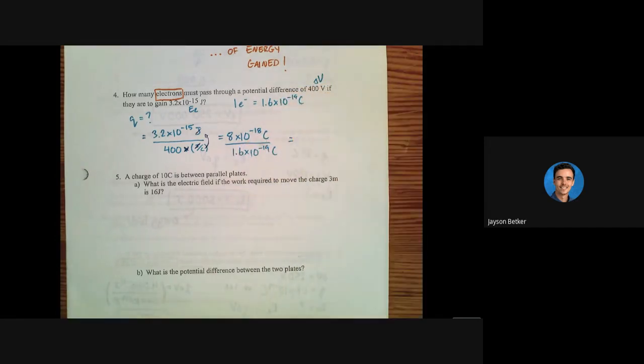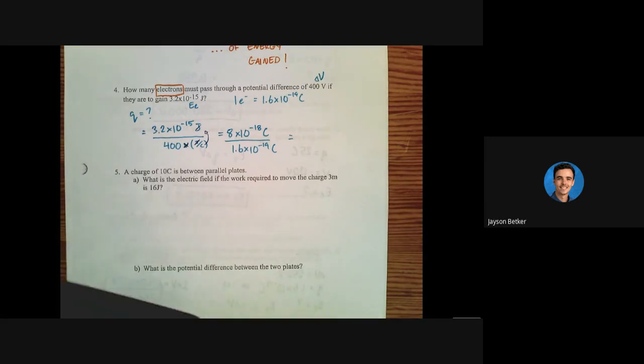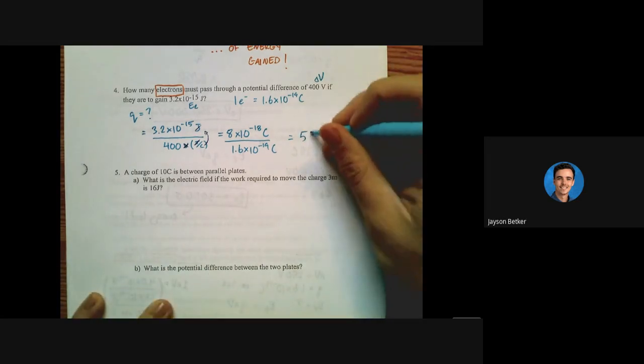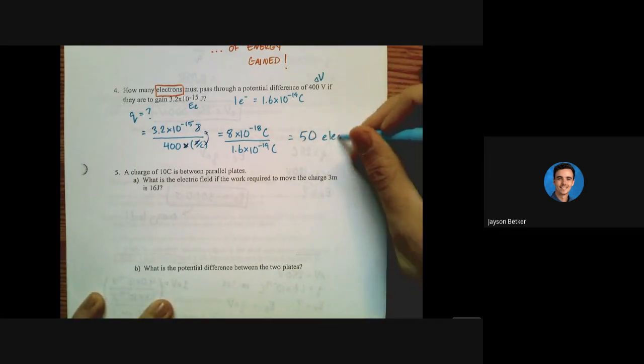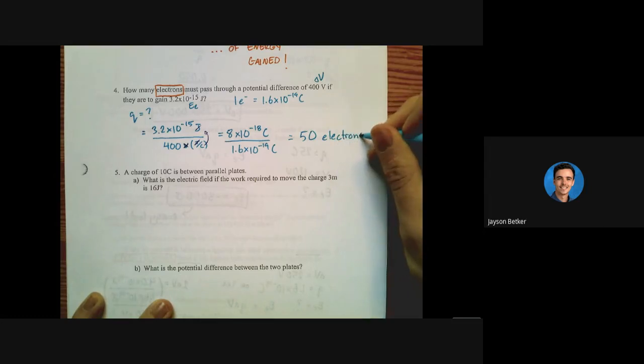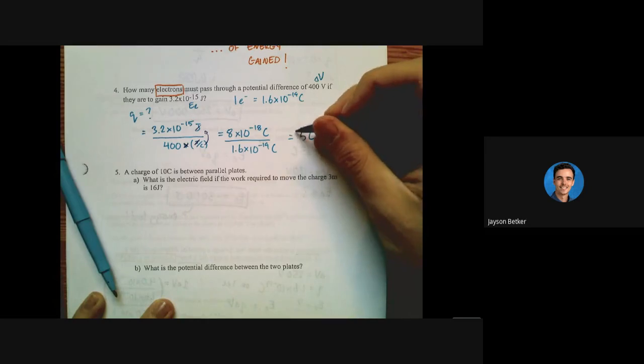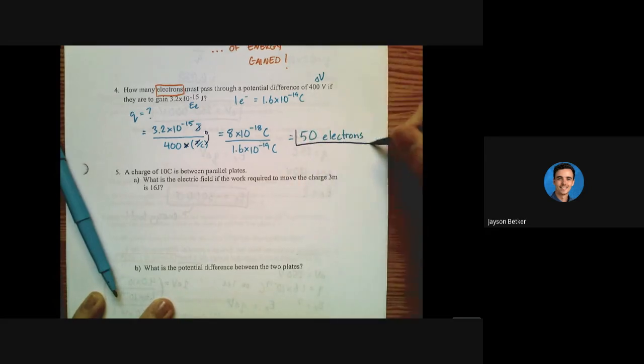Putting this into my calculator, I get exactly 50. So 50 electrons passed through in order for there to be an increase of 3.2 times 10 to the negative 15 joules.